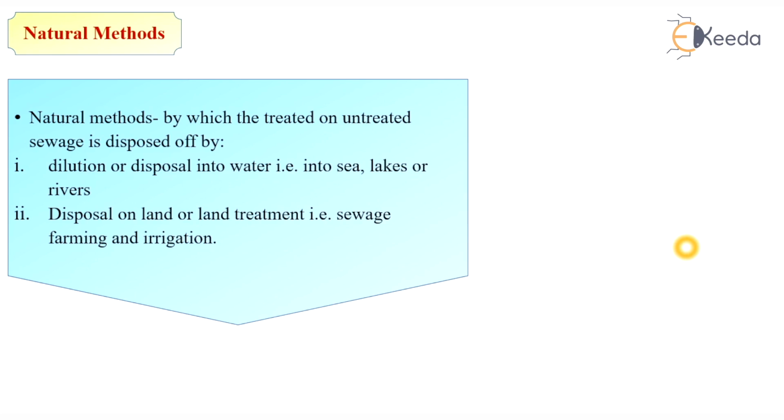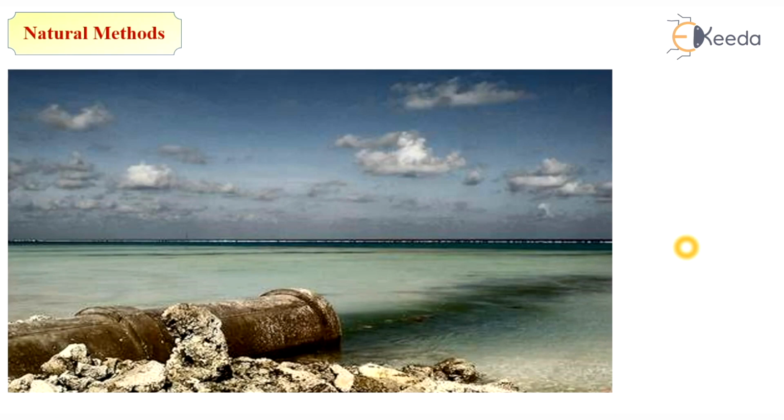So in natural methods, either we dispose of sewage into water bodies such as sea, lakes and rivers, or we dispose of the treated or untreated sewage onto the land, and the method adopted for this is sewage farming or irrigation. As you can see in this picture, this is the natural disposal method of treated or untreated sewage.